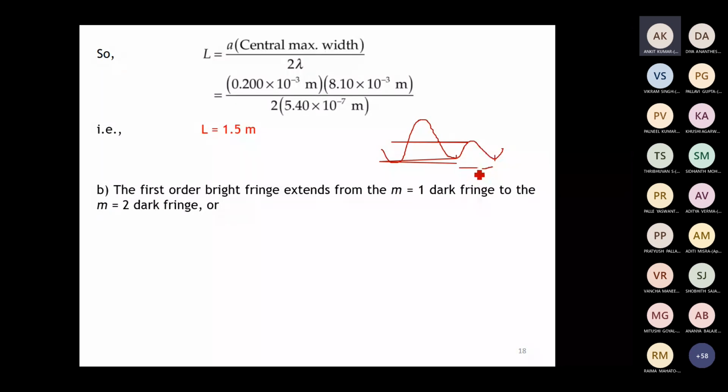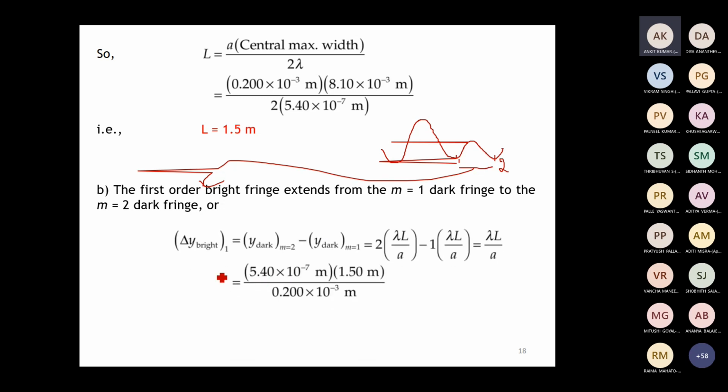So this is the first order bright fringe you are having, between the first dark fringe and this second dark fringe. So you can write delta y bright, the width of the first order bright fringe, as y_dark(m=2) minus y_dark(m=1), which is λL/a, that is 4.05 meters.